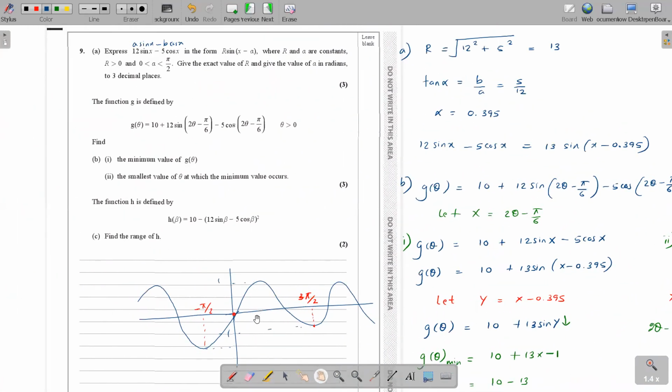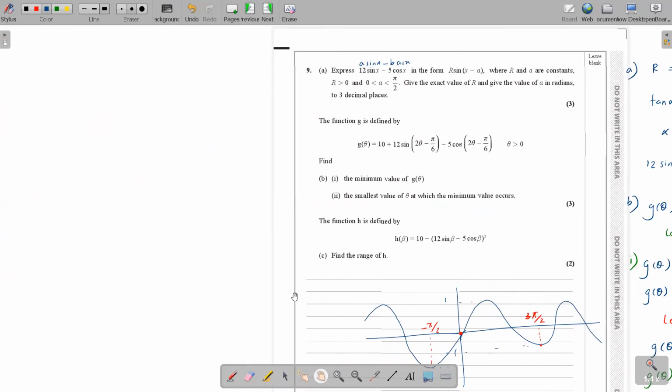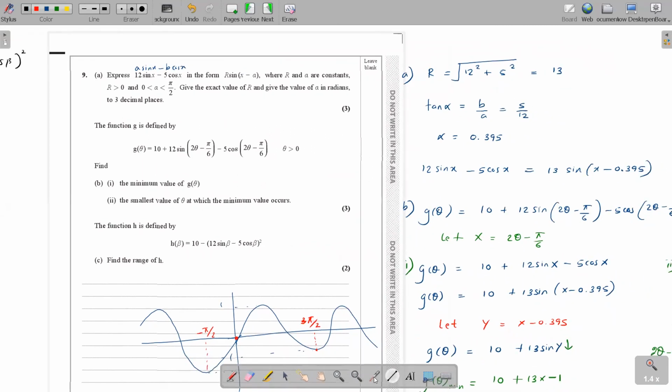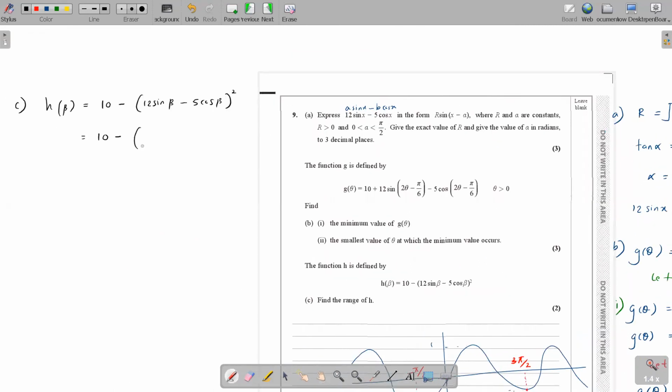Okay, so then the next one, part C. Part C, find the range of h beta equals 10 minus 12 sine beta minus 5 cos beta whole thing squared. So again, obviously we'll need to replace 12 sine x minus 5 cos x, which, as you can see, is 13 sine x minus 0.395.